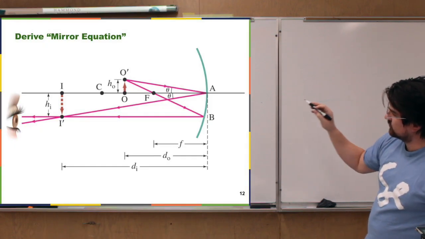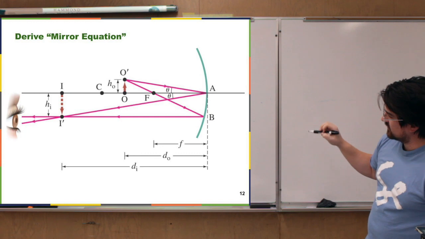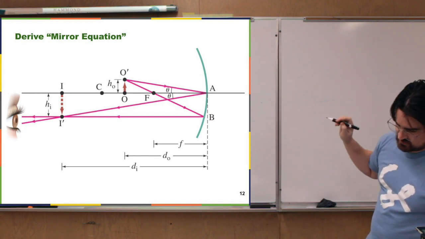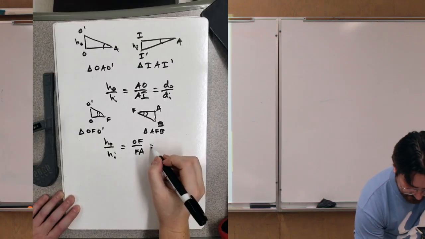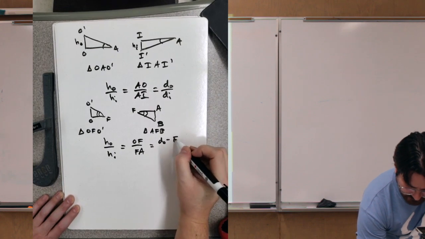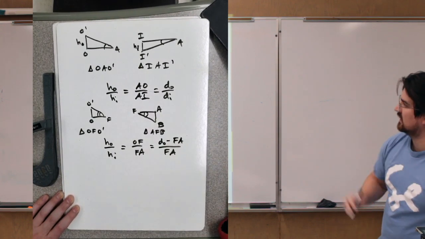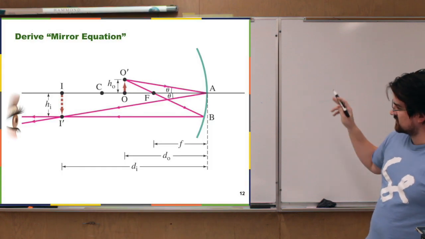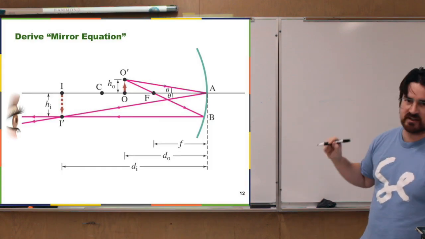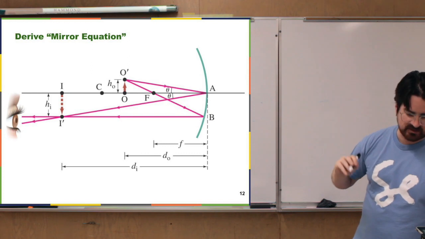And if you look at OF, we can actually write that as the distance to the object minus FA. And then finally, FA is the line segment, but that's actually the focal length. F is that same distance.